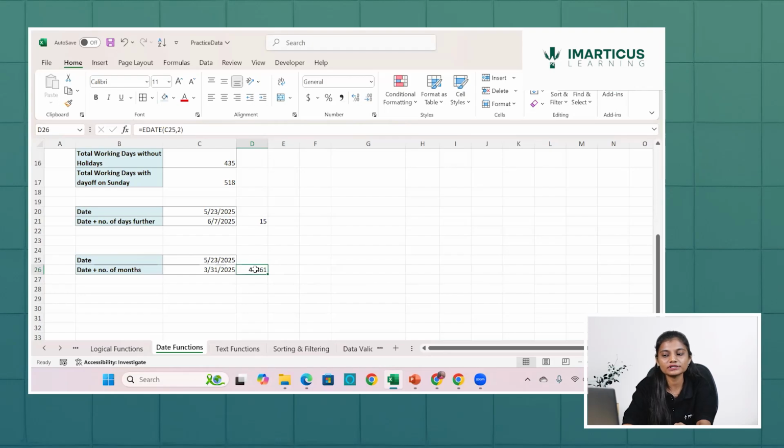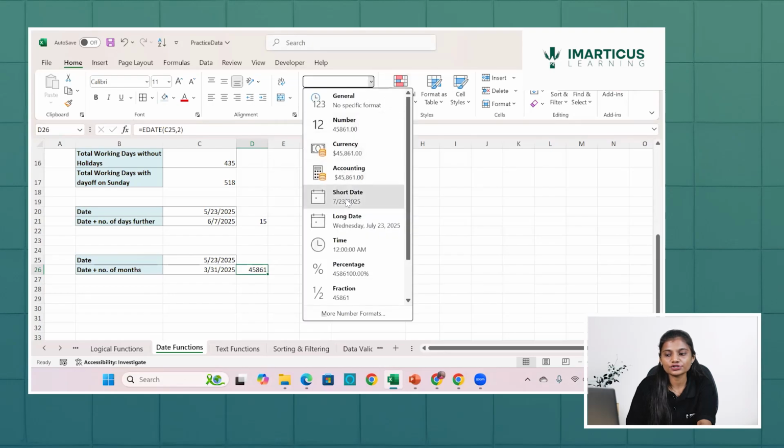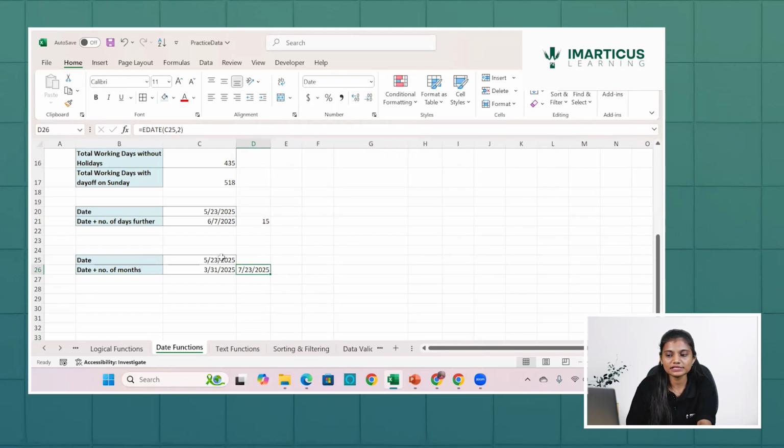Now if you can see, it's a date related operation but the answer over here is in numeric form. The date format is not there. So I have to go over here and change it to the date format. And you can see based on this given date, it is showing me the date 2 months after. It is not giving me the end of the month date. So there is EDATE. Based on the given date, it will calculate the date 2 months later or the number of months later.